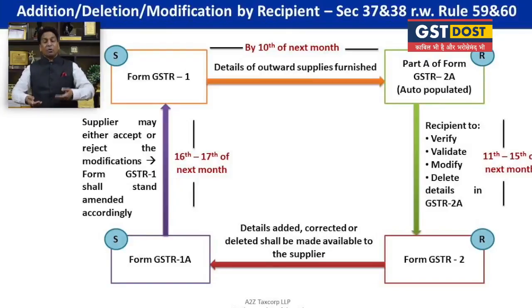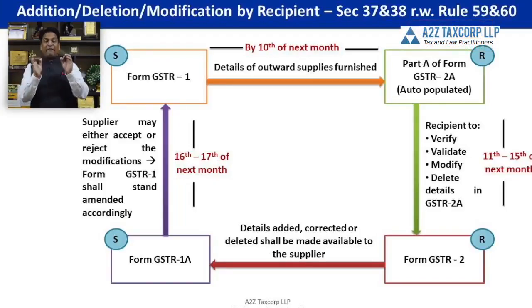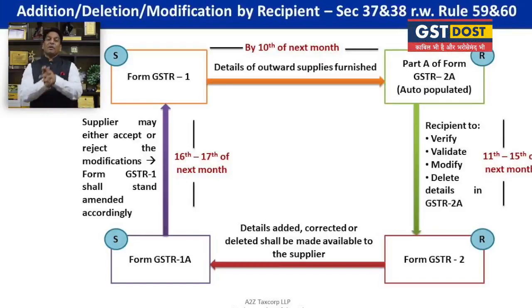If it is not accepted by the supplier, means it does not match, then whatever credit taken by you would be provisional credit, and that would be added to your output tax liability, and you have to pay it along with interest. These are all automated processes, run through the GST network.